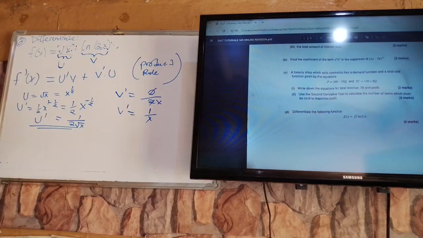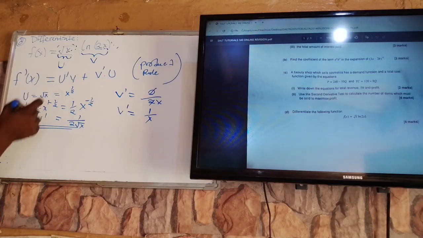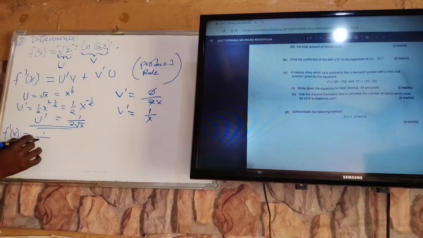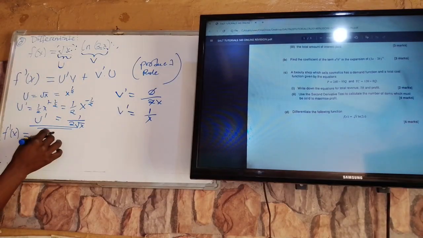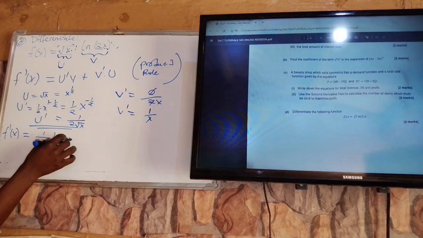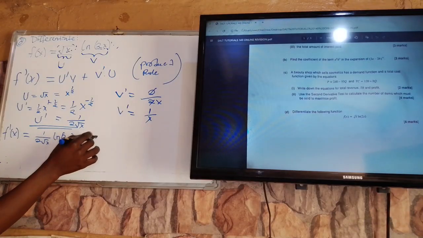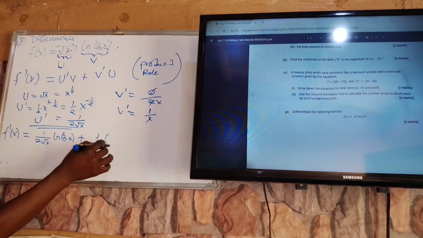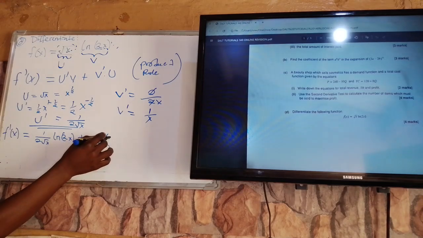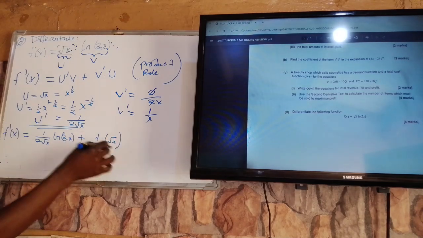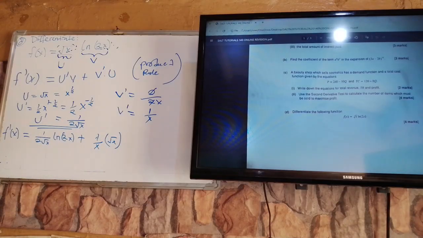So that when we replace the numbers in the function f prime of x, this is now going to be equal to u prime, which is 1 over 2 root x, multiplied by v, which is the natural log of 2x, plus v prime, which is 1 over x, multiplied by u, which is the root of x. Then simplify.